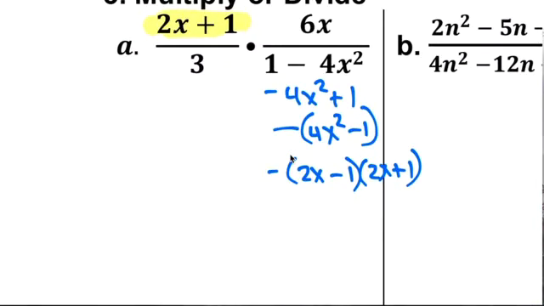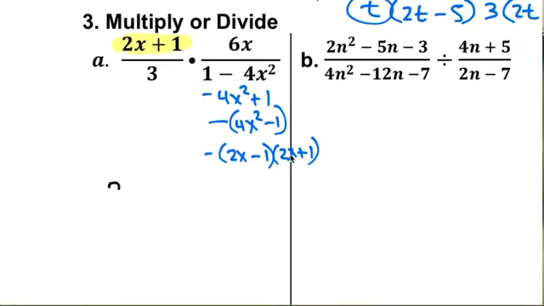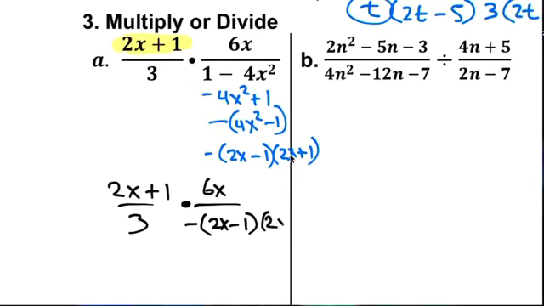Okay, so that's the denominator part. So we have your answer here then is 2x plus 1 over 3 times 6x over negative 2x minus 1 and 2x plus 1.